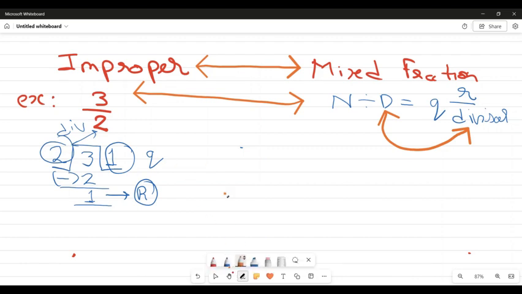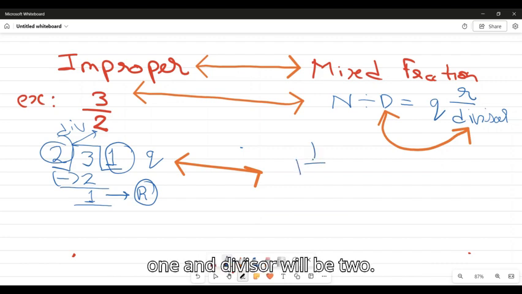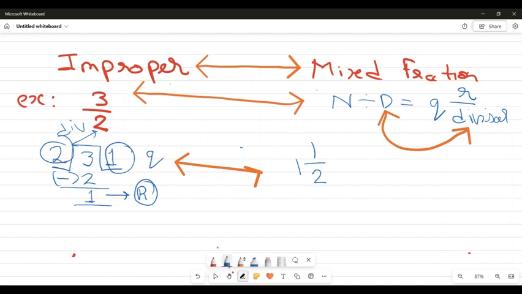So what we get over here: quotient will be 1, remainder will be 1, and divisor will be 2. This is the way to convert an improper fraction to a mixed fraction.